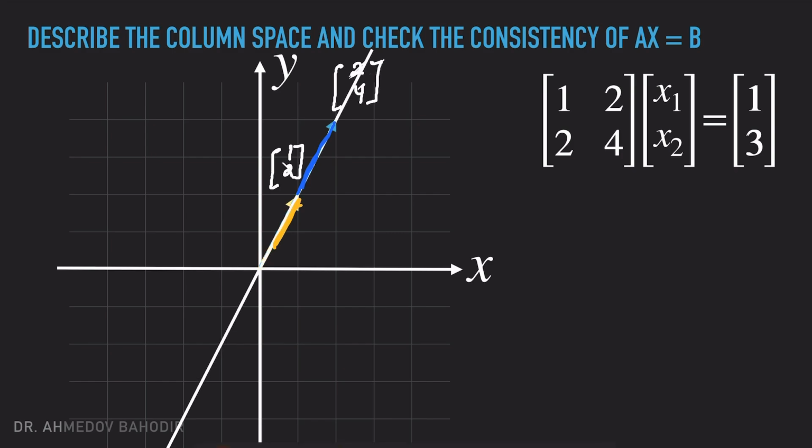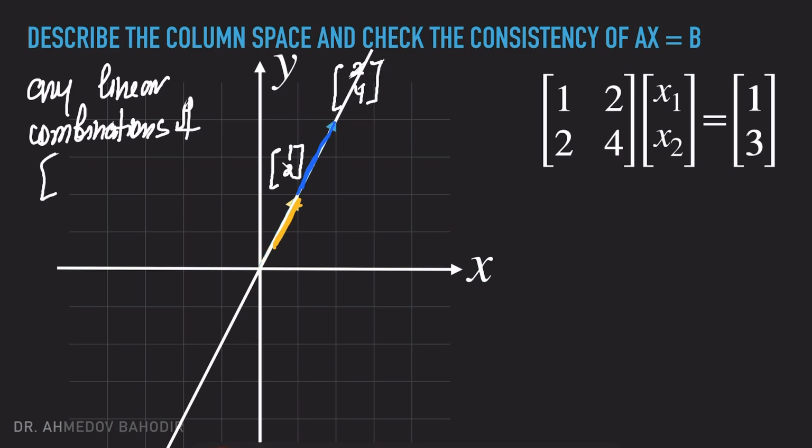Any linear combination of these two vectors is going to be on this line. So let us fix this: any linear combinations of these two vectors, 1 and 2, 2 and 4, are along this line.